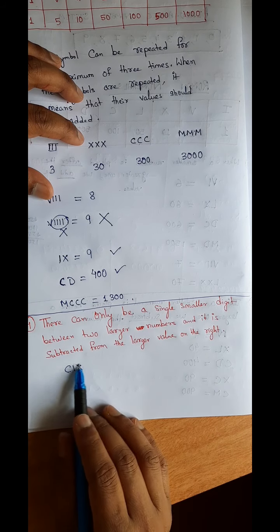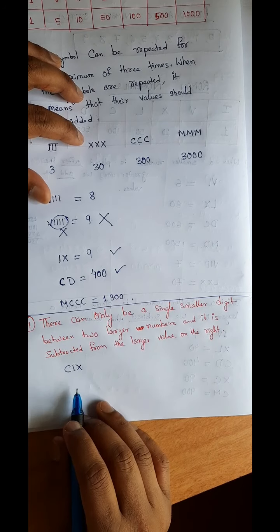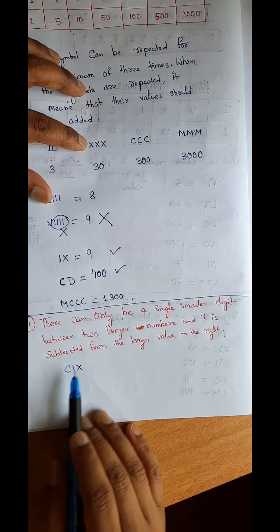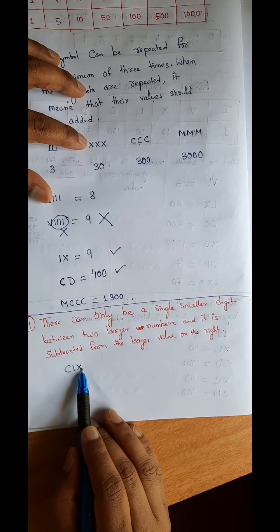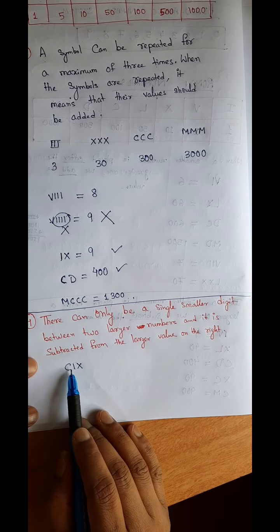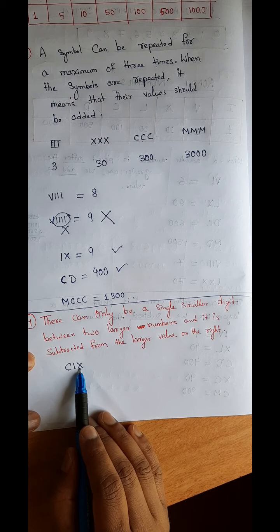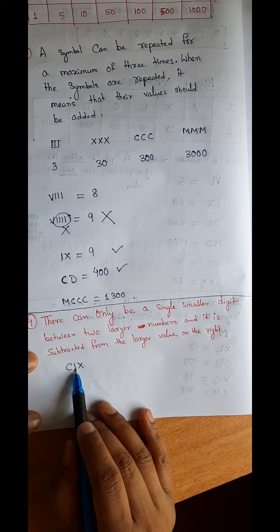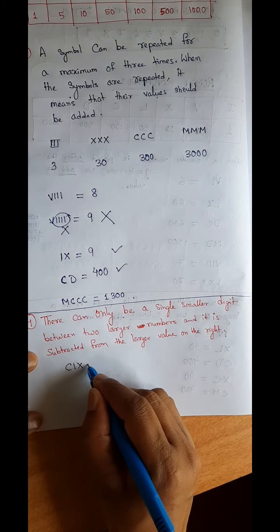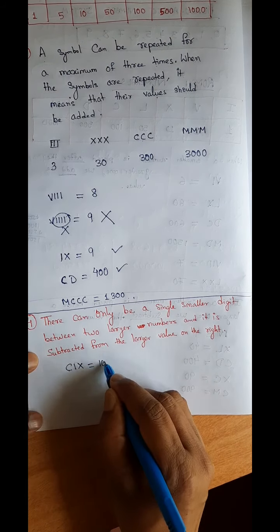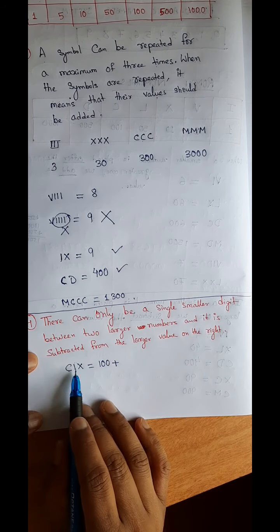So here comes the importance of this rule. This rule tells you that if a smaller number lies between two larger ones, in this case I will subtract, that is I will follow this rule. So this is 100 plus, and what is this?